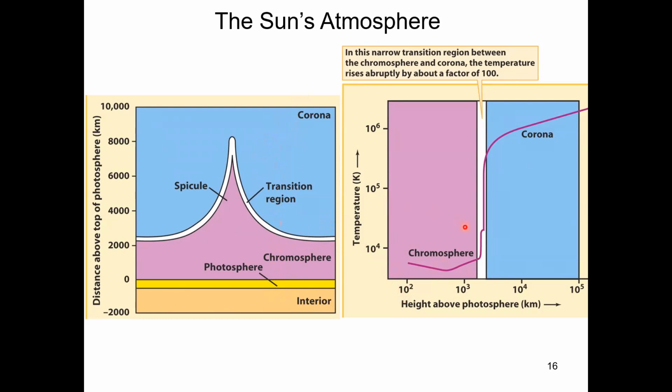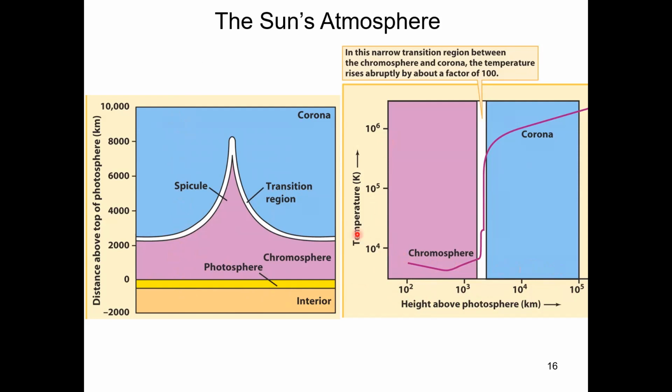In the other diagram, it looks like turning this diagram by 90 degrees clockwise. So there you see the height above the photosphere, which was vertical, now horizontal. You have toppled it by 90 degrees. And now the y-axis is temperature.